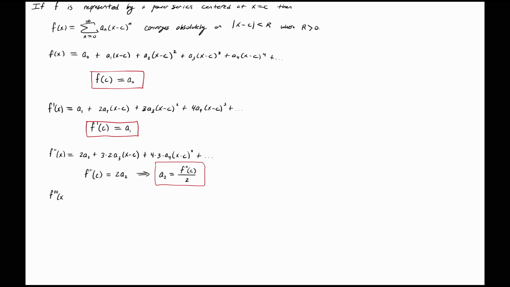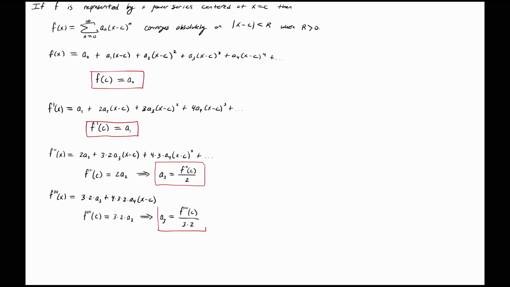f triple prime now is 3 times 2 times a3 plus 4 times 3 times 2 times a4 (x minus c). Plugging in x equals c into the third derivative, this term zeroes out, and we're left with 3 times 2 times a3. Which, solving for a3, is f triple prime of c over 3 times 2.